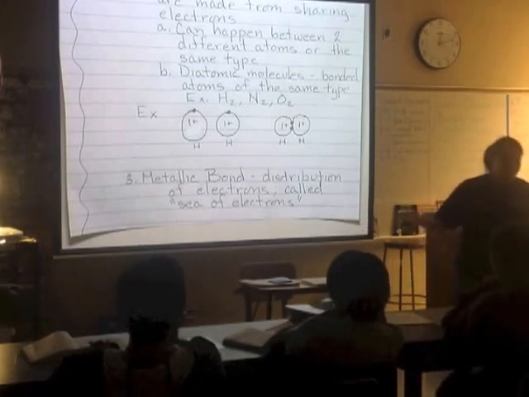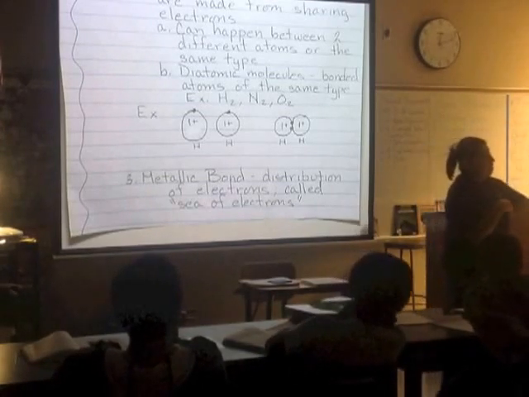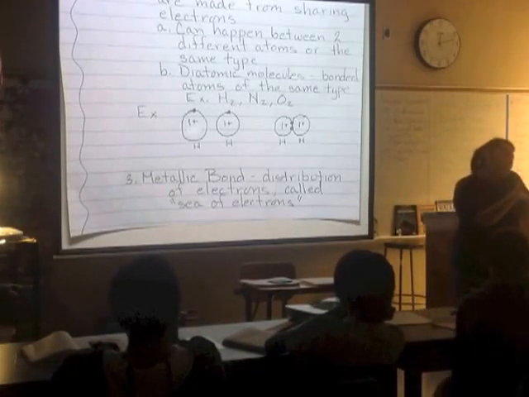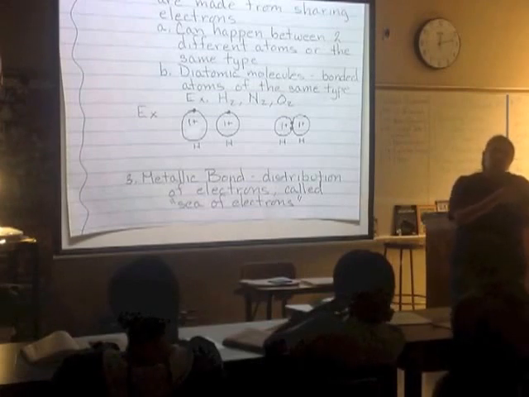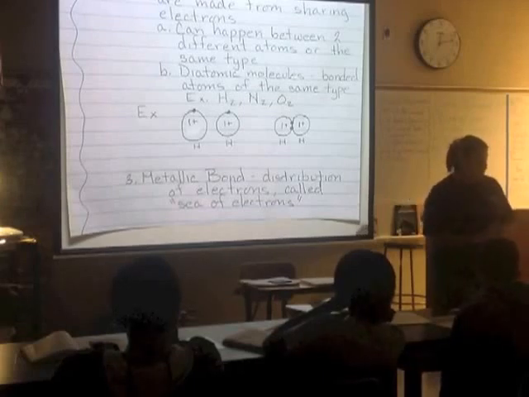Metallic bonds are like that. An element comes in contact with another element. They're in the same proximity, so they consider the electrons in that proximity theirs, and they bond with them.